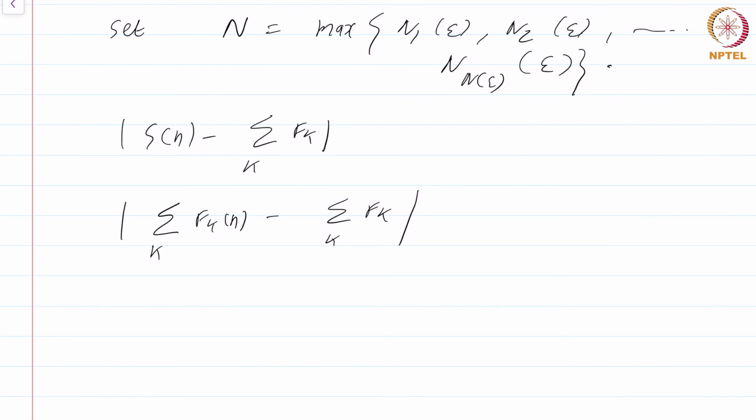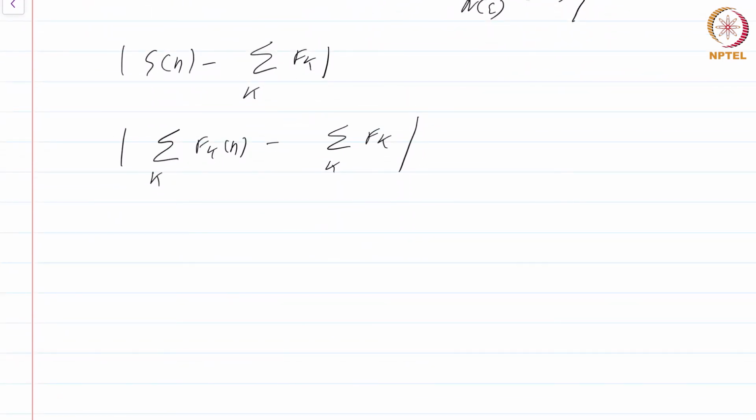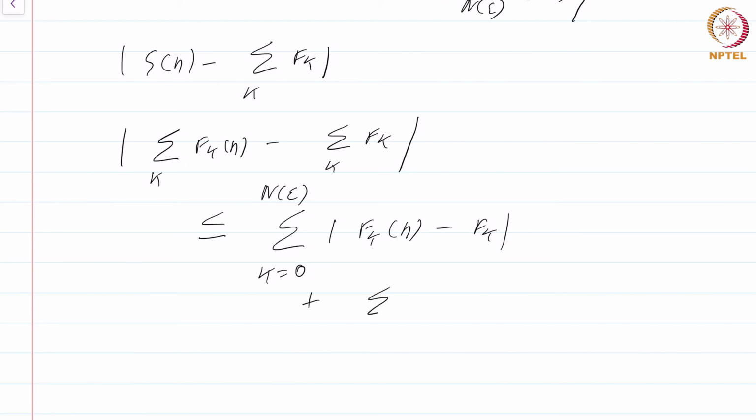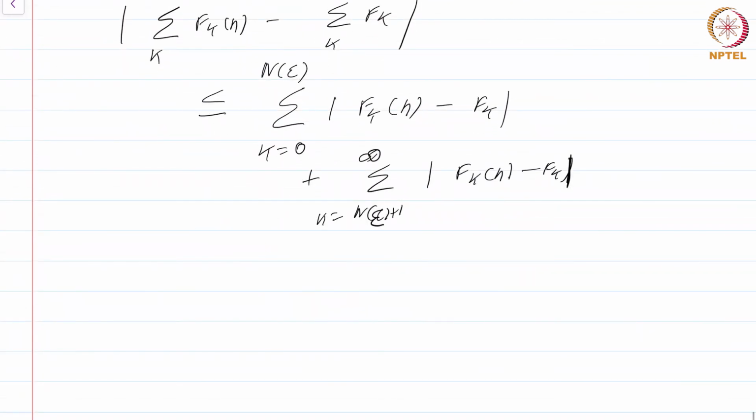Now, this is certainly going to be less than or equal to summation k equals 0 to N epsilon of mod f_k^n minus f_k, plus summation k equals N epsilon plus 1 to infinity of mod f_k^n minus f_k. Now, how does this help?